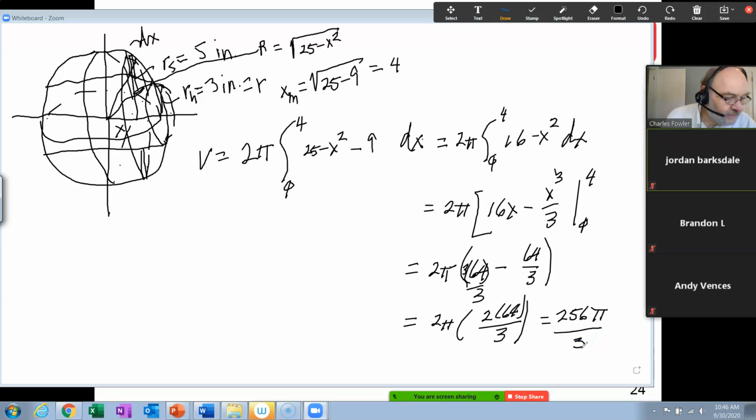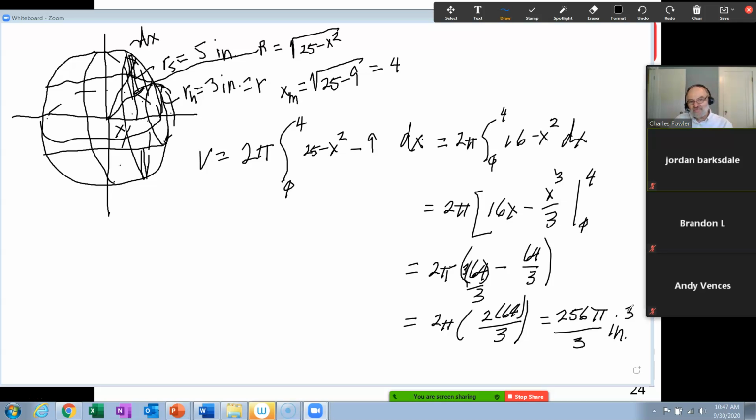Let's see what they got. 256 pi over 3, and I, of course, ashamedly left off my units, and these are cubic inches, because everything was measured in inches before. So 256 pi over 3 cubic inches, which is just a tad more than 256.